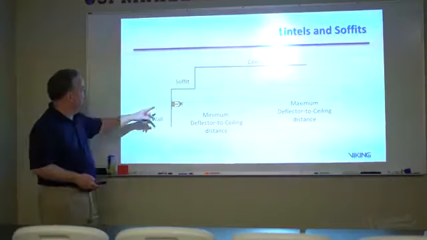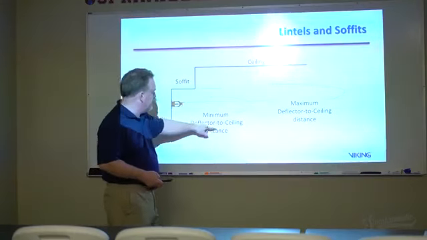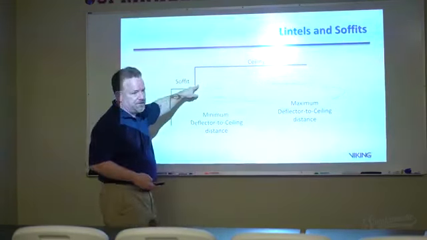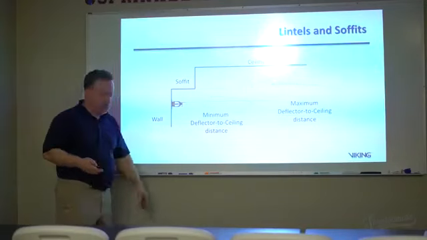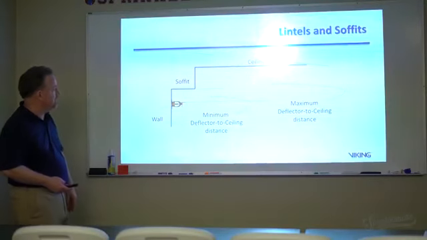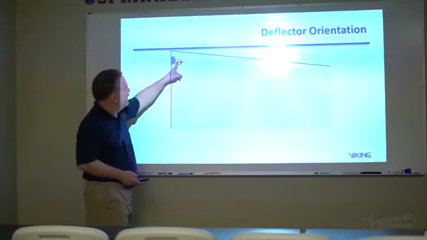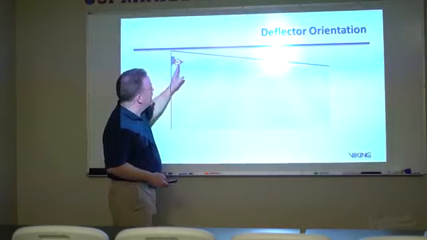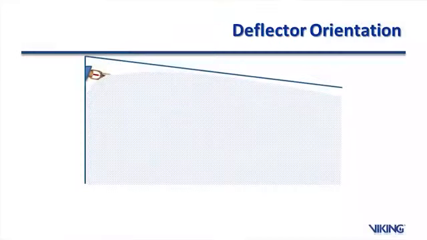All right, so what if we have a soffit up above, and we're not feeding it with a sprinkler? Well, in this case, we have the minimum deflector distance to the ceiling and the maximum deflector distance to the ceiling. Whatever those distances are is what we have to comply with. I told you this earlier, mainly because if we had this one coming out parallel to the floor, the deflector, in order to get that spray pattern out, that spray pattern has to go up first.